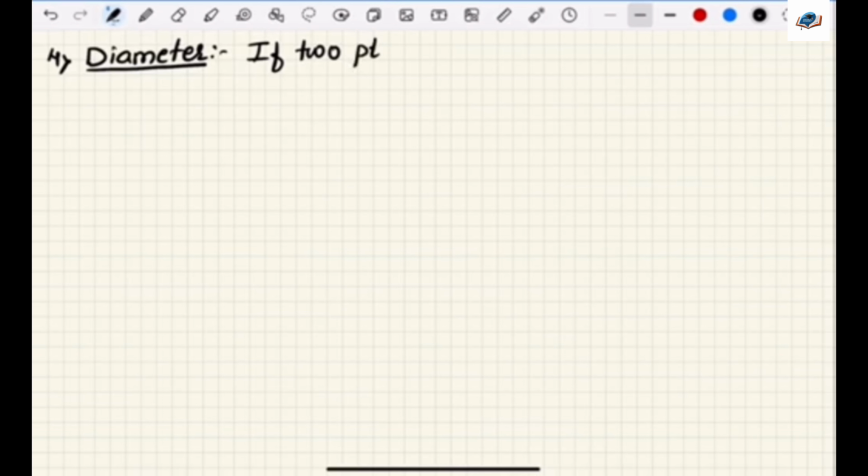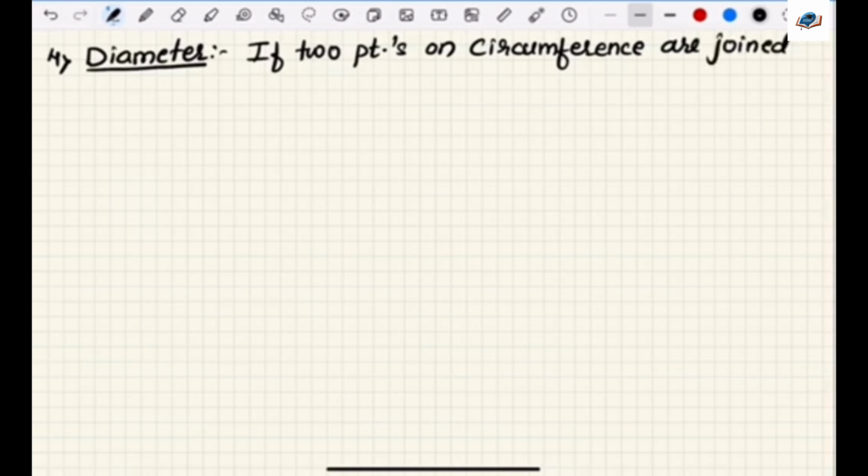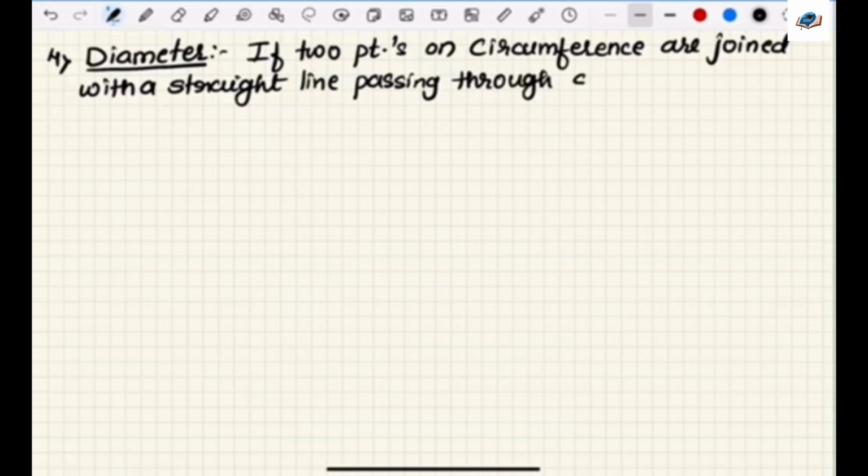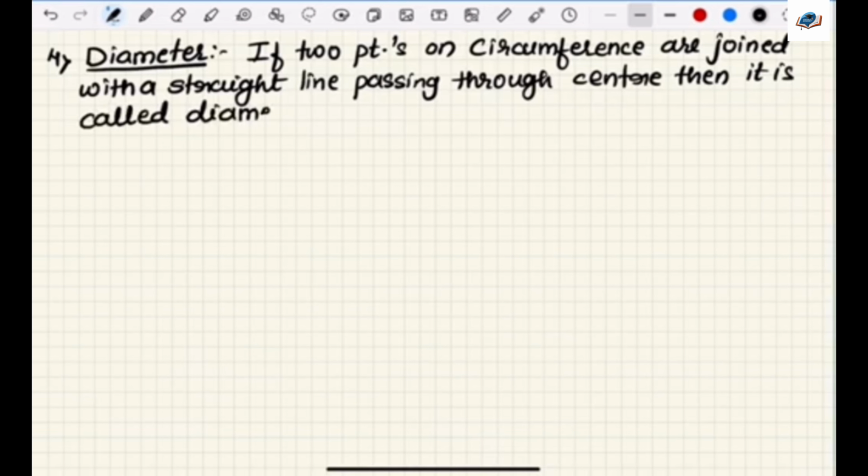If 2 points on circumference are joined with a straight line, passing through center, then it is called diameter.